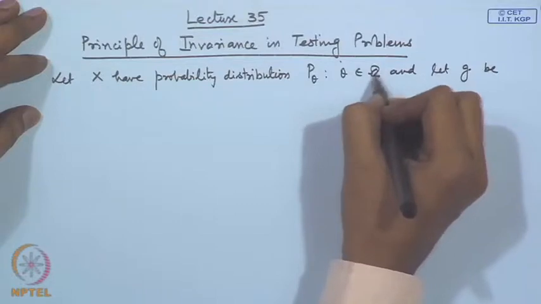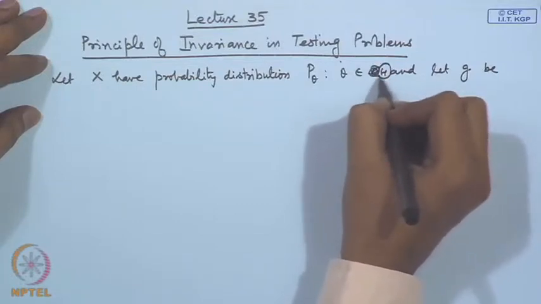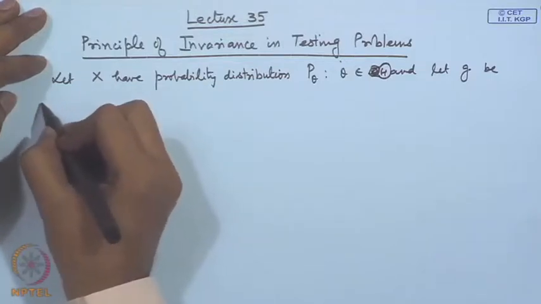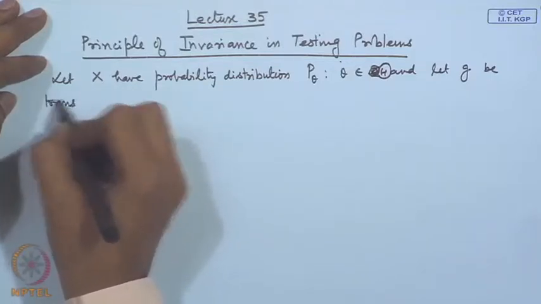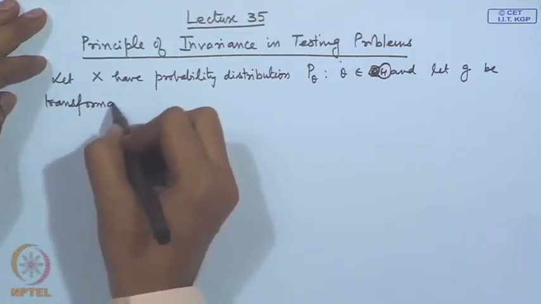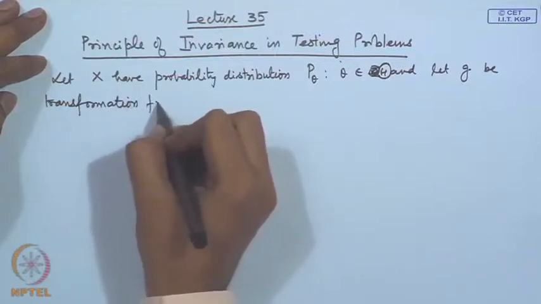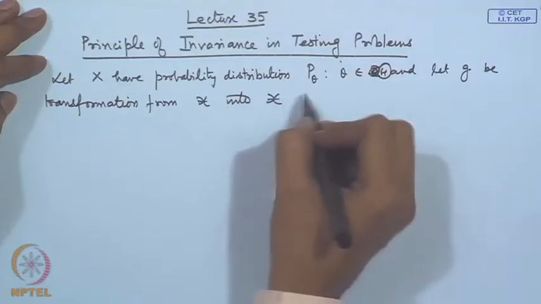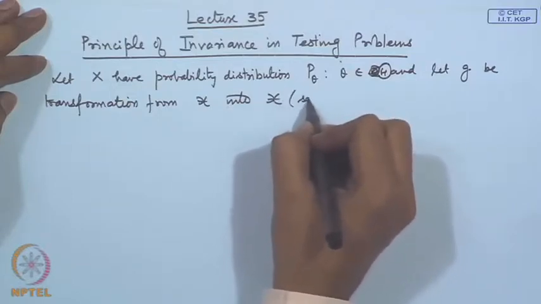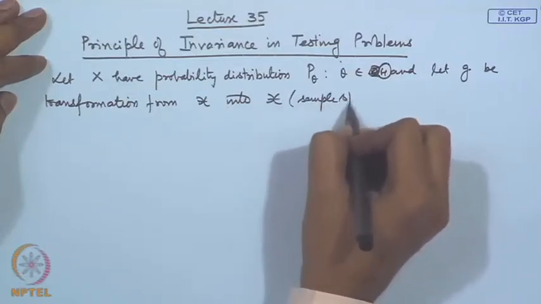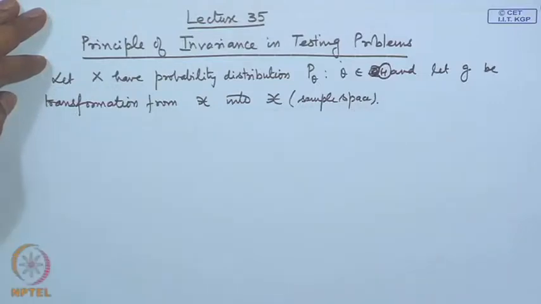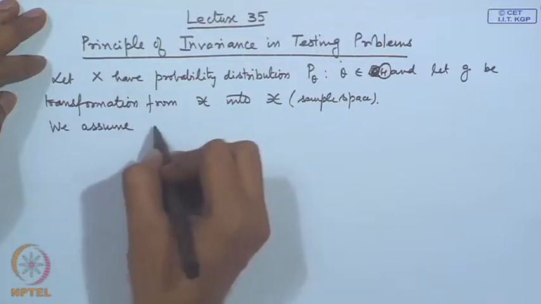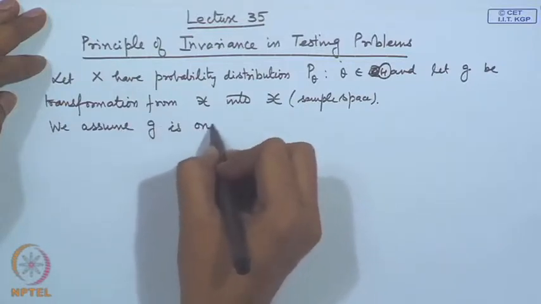and let G be, let me write here script theta as the notation that I have been following earlier, a transformation from x into x. So this is the sample space. We assume G is one-one and onto.